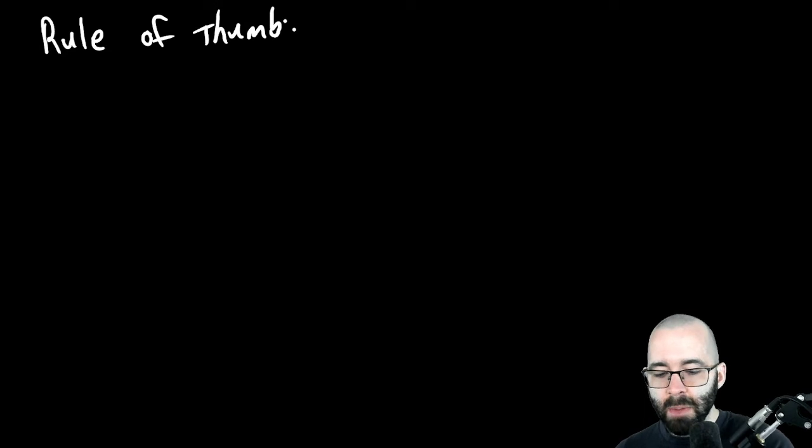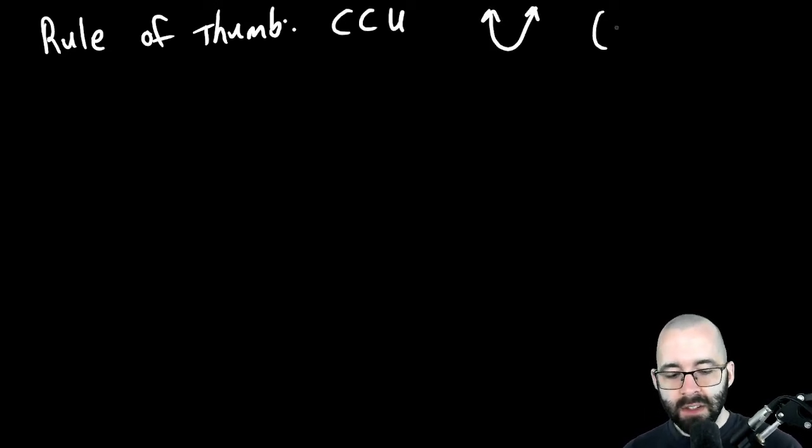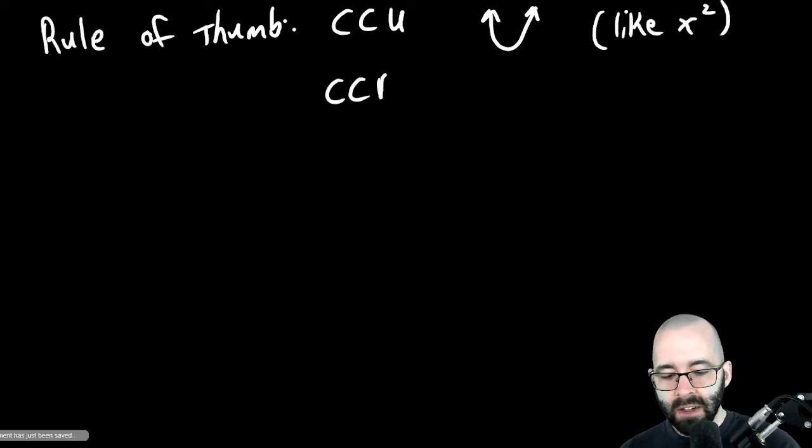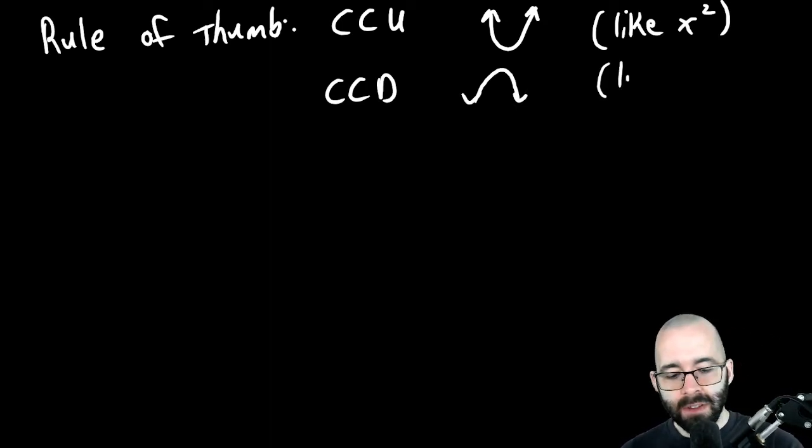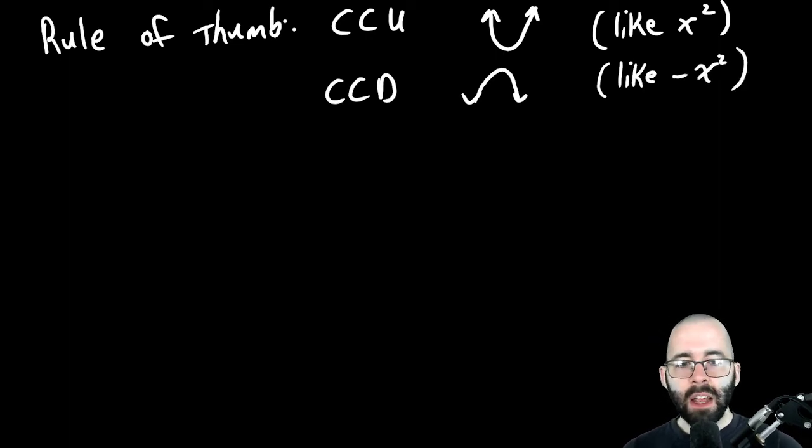Concave up looks like this, like x squared. And concave down usually looks like this. This is not a mathematical definition, but it can be a good visual way to picture it.